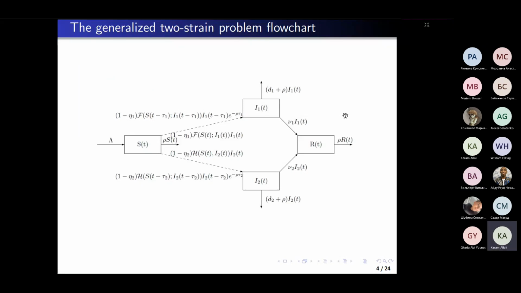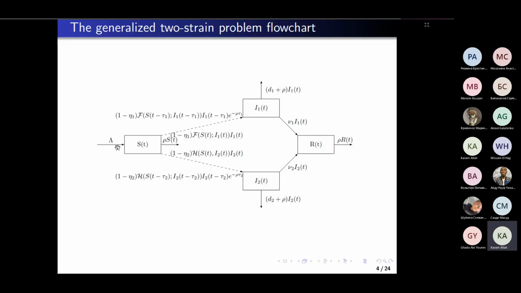This is the flow chart of this model. Arrows going into a compartment mean an increase. So S will be increased by all arrows coming inside, and decreased by all arrows going outside.